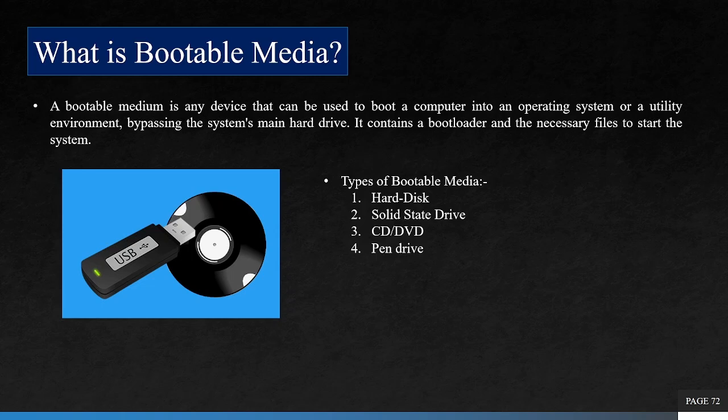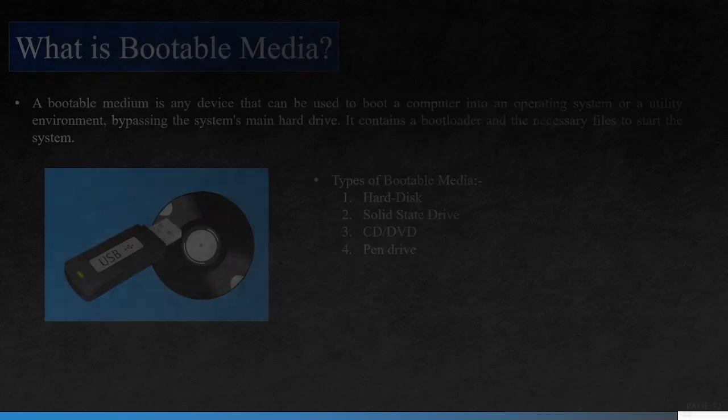When any device consists of the files of the operating system, we call it a bootable media, which helps our machine to power on and helps the user to install the operating system on another machine. During the boot device selection, these are the devices involved. This is what the bootable media is, and this is all about BIOS.